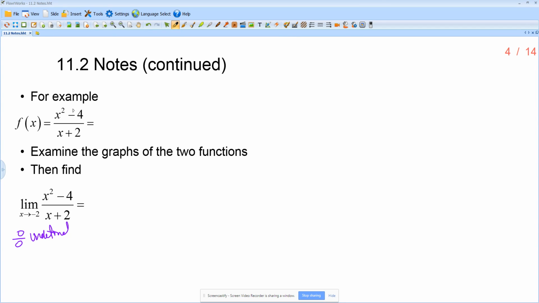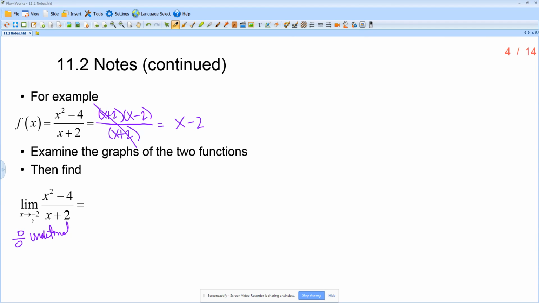So x squared minus 4 over x plus 2. I can factor this as x plus 2, x minus 2 over x plus 2. And now my x plus 2's can cancel. So when I actually do the division of these functions, I get x minus 2.